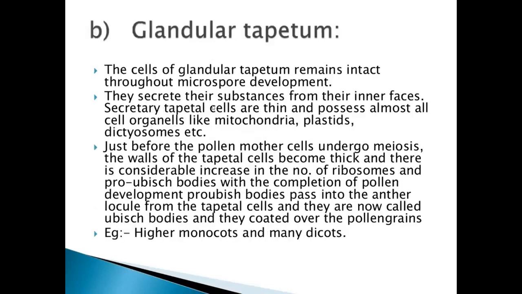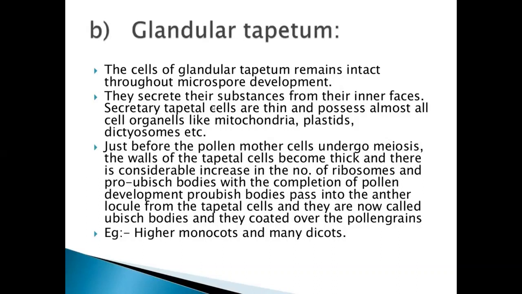And the second one is the glandular tapetum or secretory tapetum. As I told you, these are the higher monocotyledons or developed plants. Many dicotyledons and higher monocotyledons are the best examples of the secretory or glandular tapetum.